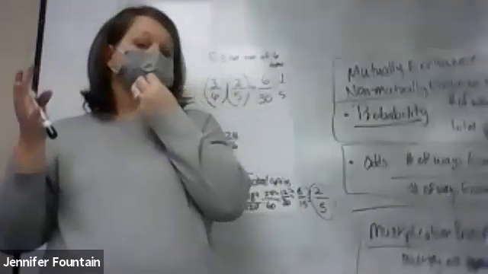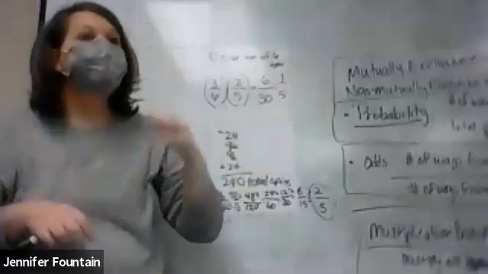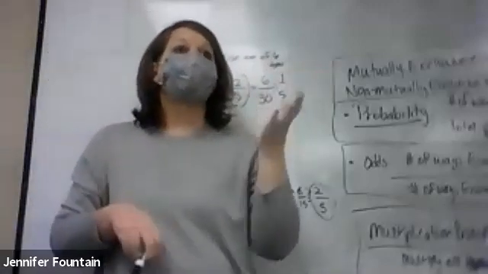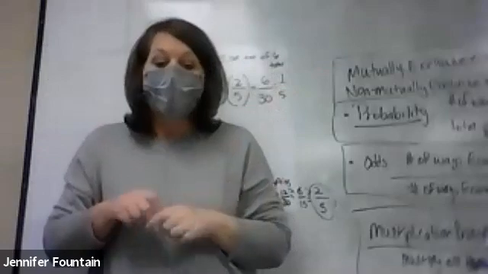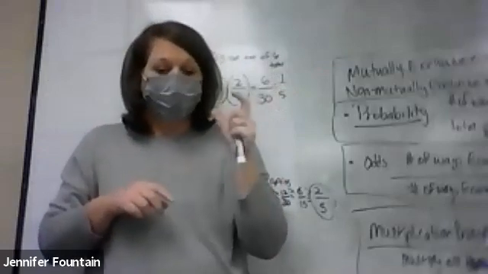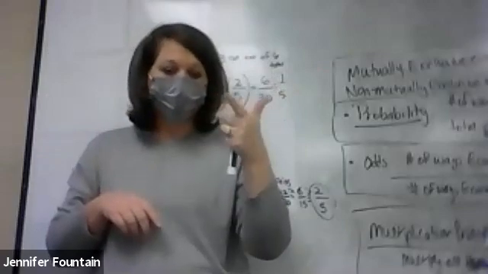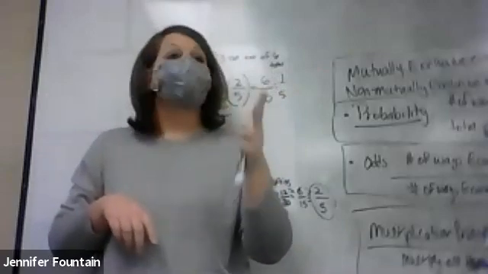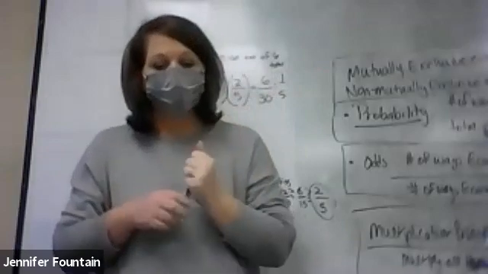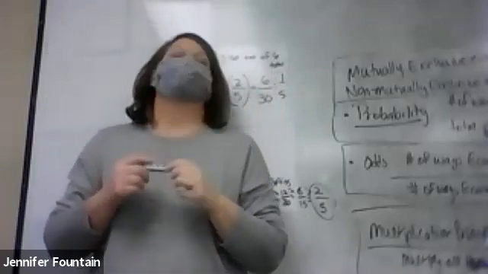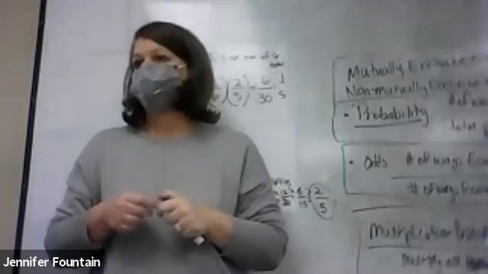The whole thing is 100%, right? So as a decimal, that's 1.0. What fraction of my spinner is red, blue, or green? 3/4. What decimal matches up with 3/4? 0.75, letter D. Good.